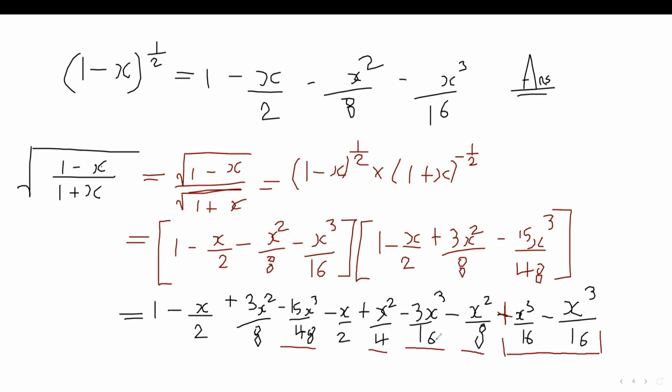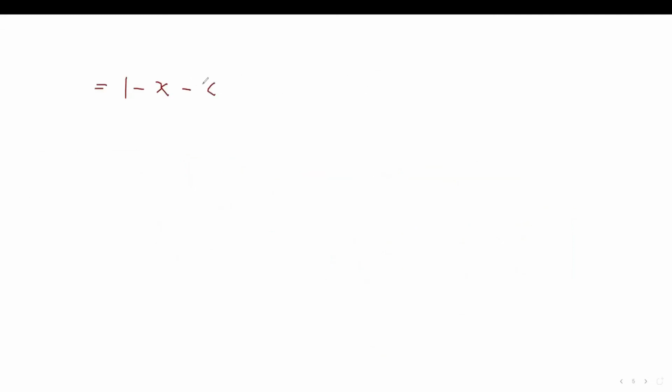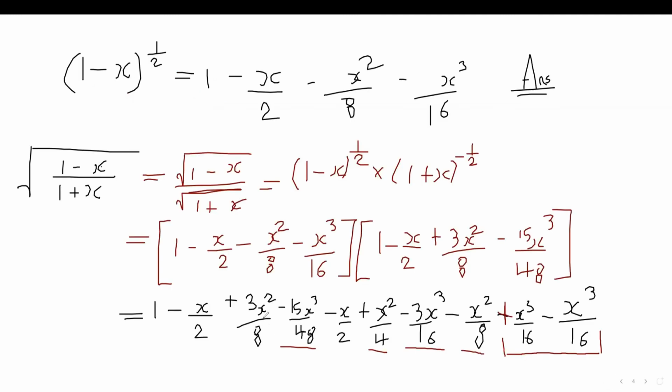Only two x squared terms. For these two terms, what I'm seeing is a quarter minus 1 over 8. That's giving me minus x squared over 8. That's what I'm getting. All right, and then my x cubed terms should have been eliminated.